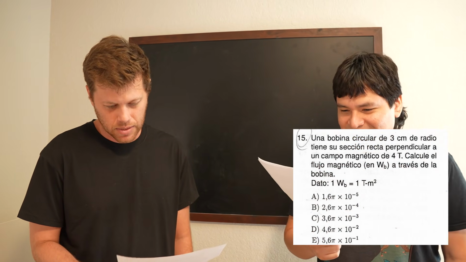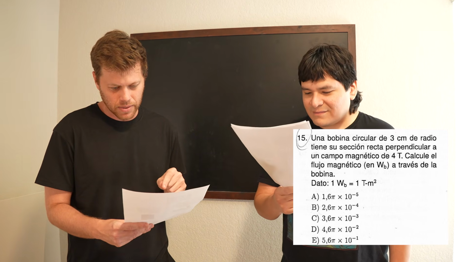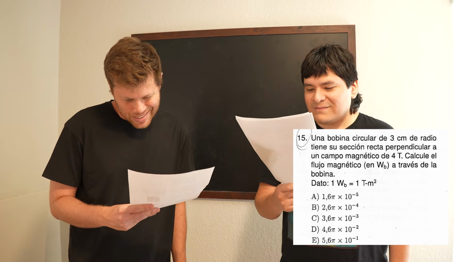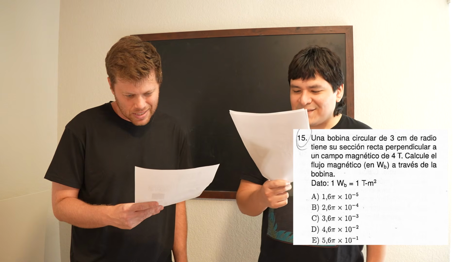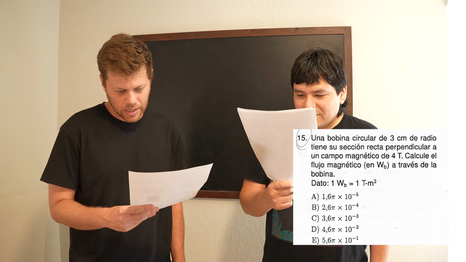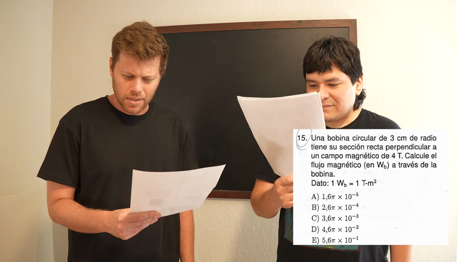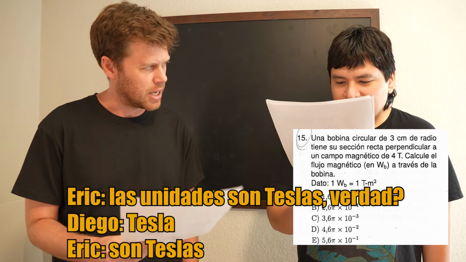Okay, 15. Una bobina circular de 3 centímetros de radio tiene su sección recta perpendicular a un campo magnético de 4, it's probably Teslas, right? Tesla.